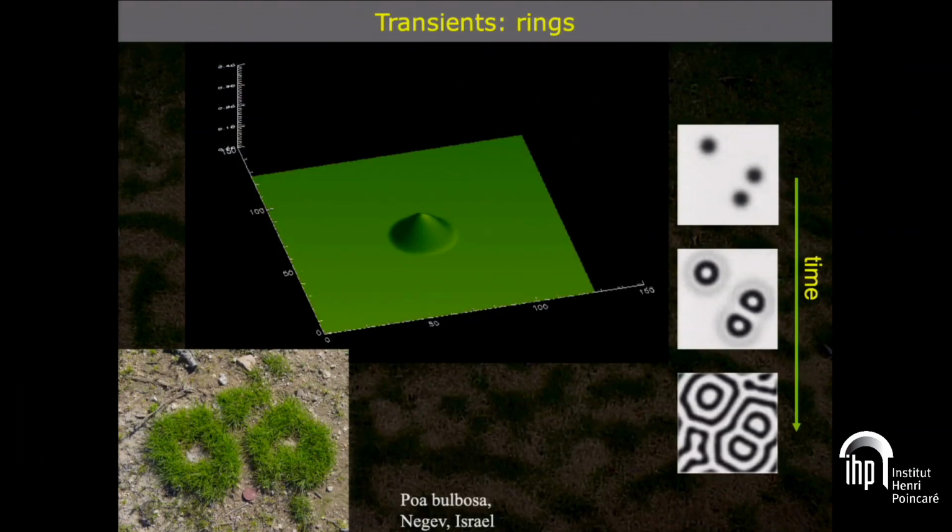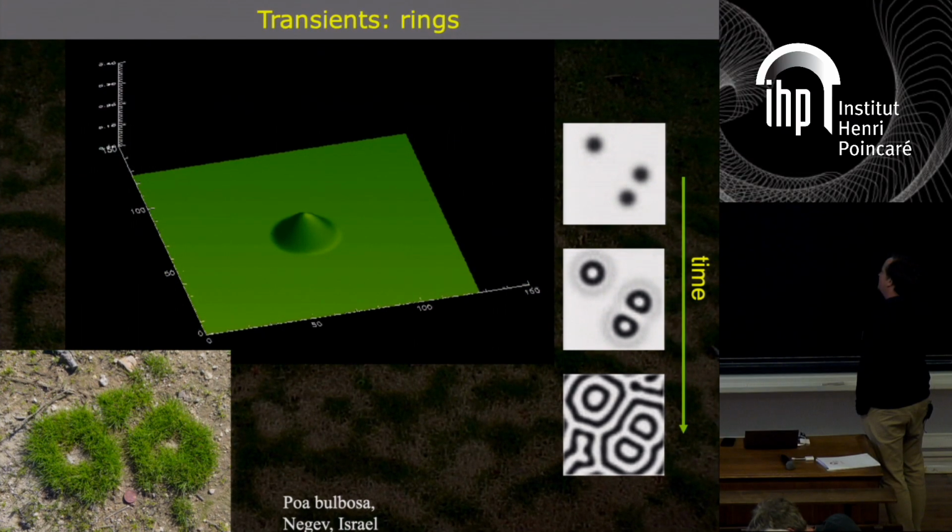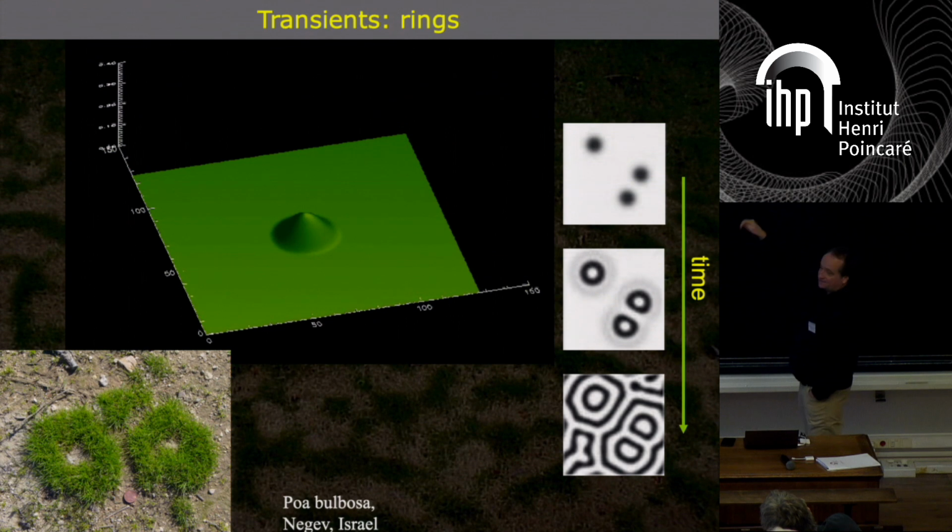There are other curiosities you can go through quickly. One is vegetation rings, which are sometimes observed in some of these areas. This can sometimes be interpreted as an example of the vegetation competing with itself at the center.